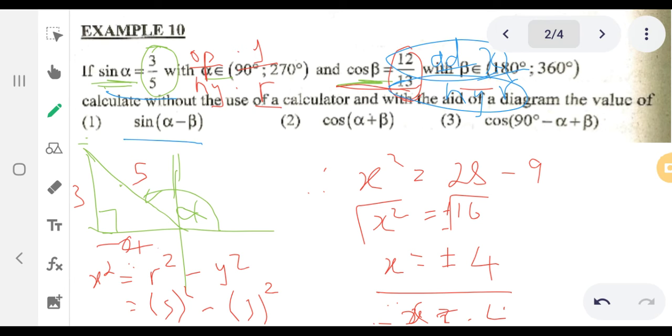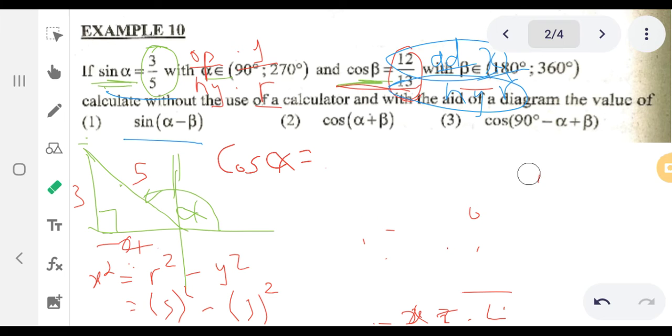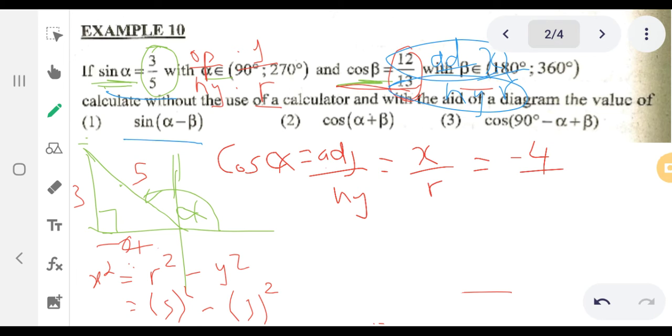We define cos as adjacent all over the hypotenuse, which is x all over r. Now what is x here? It's basically minus 4 all over 5.